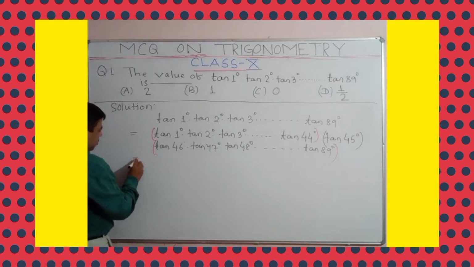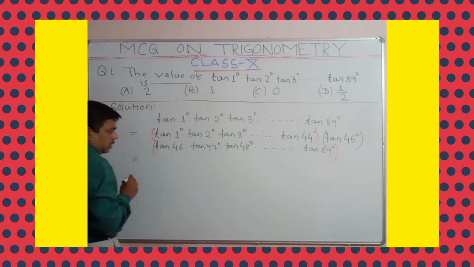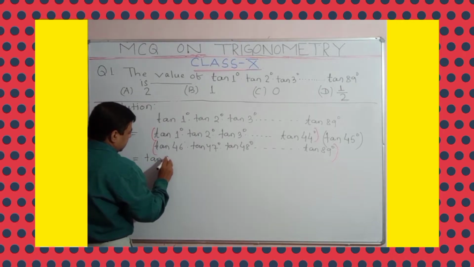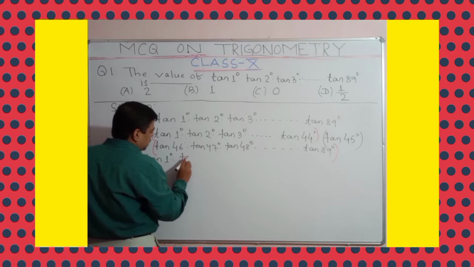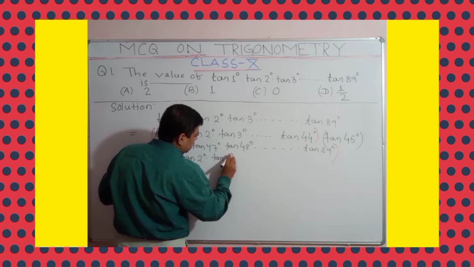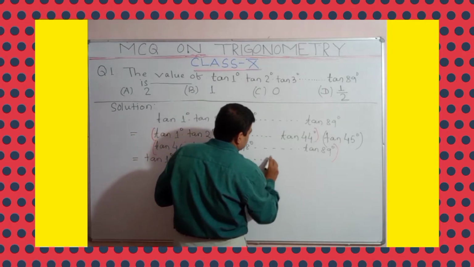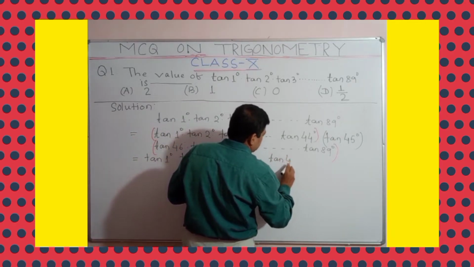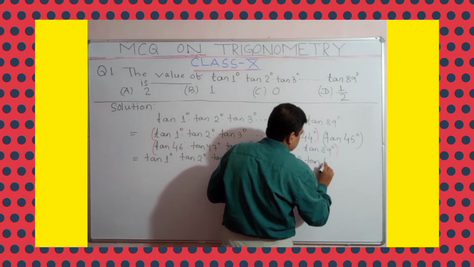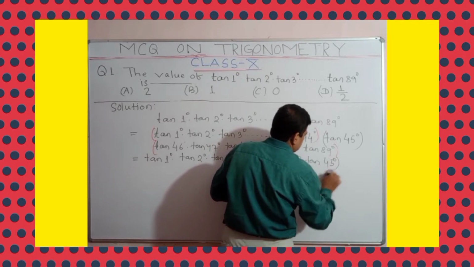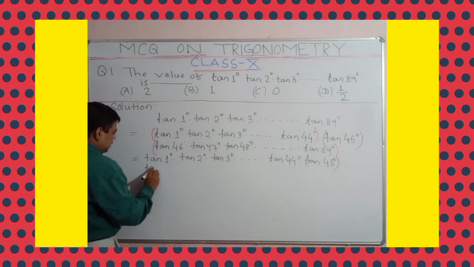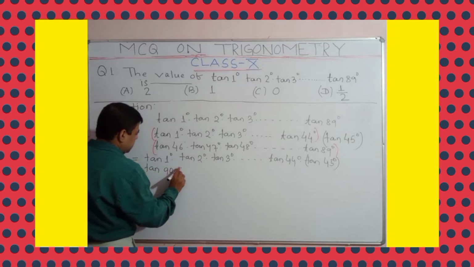Now you modify this. You can write tan 1 degree into tan 2 degree into tan 3 degree up to tan 44 degree, into tan 45 degree. After this, tan 46 degree can be written as tan of 90 minus 44 degree.